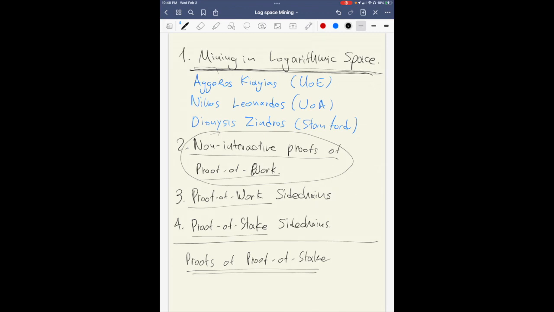It's an exciting piece of work, and it allows you to create similar constructions such as log space mining, as well as bootstrapping for proof of stake clients. That is very efficient. It's succinct, and just in the same way that non-interactive proofs of work give you succinctness.